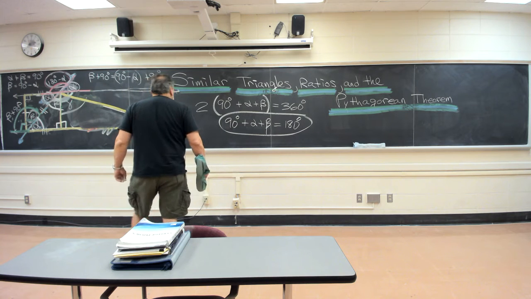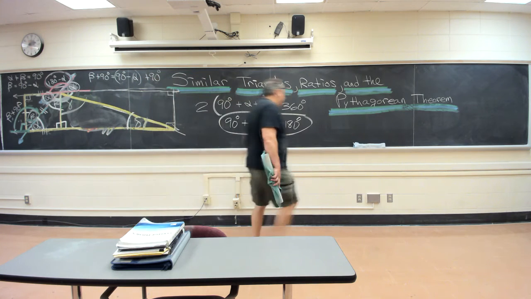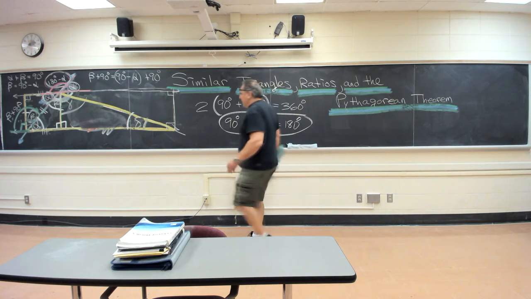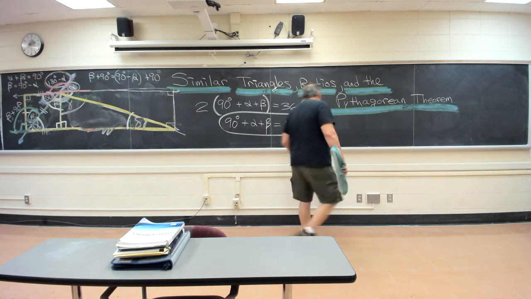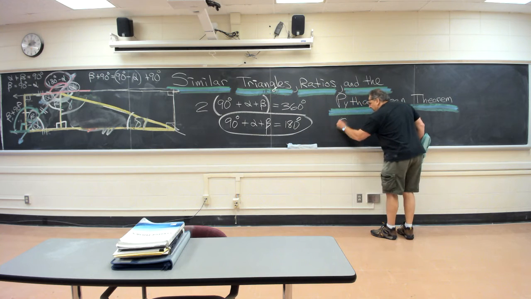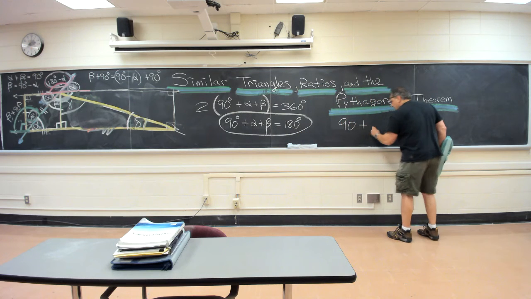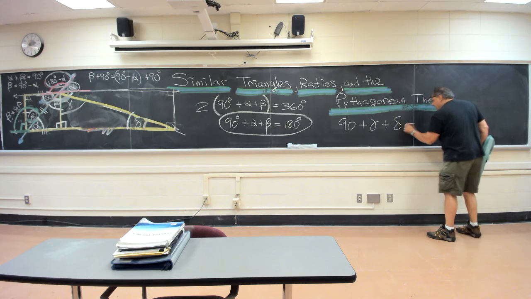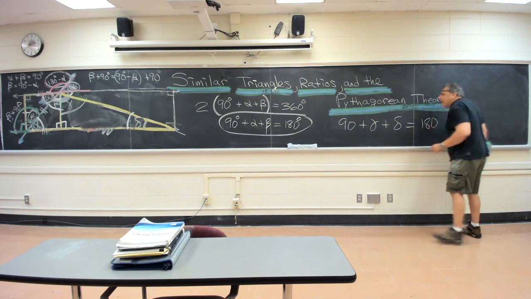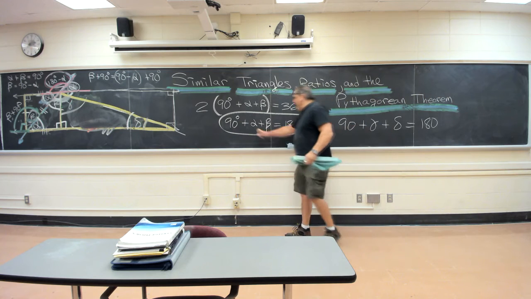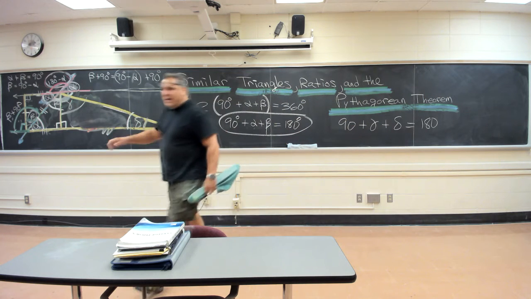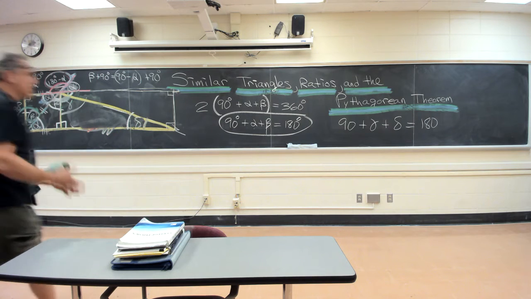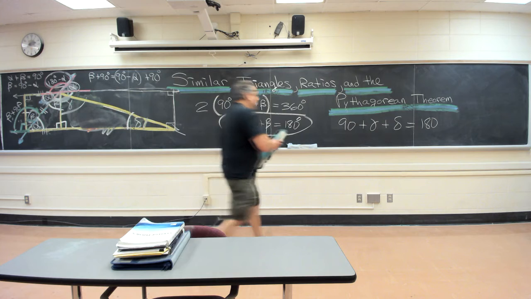And what conclusions can you draw? Well, we already said that the degrees in a right triangle are going to add up to 180. Here's your 90, here's gamma, here's delta. We concluded that the letters were not specific. This alpha and beta could have been x and y, could have been theta and phi, whatever. The arguments that got us there are what get us there. That's the big thing.